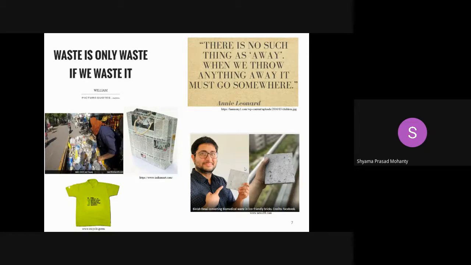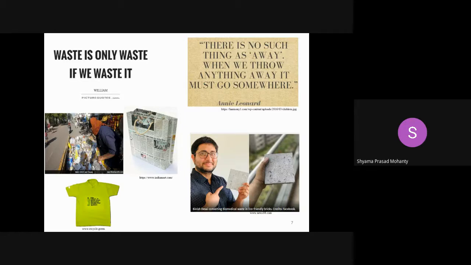When we throw anything away, it must go somewhere. All of you might have observed people collecting articles from the waste, which are reutilized or made into different objects.